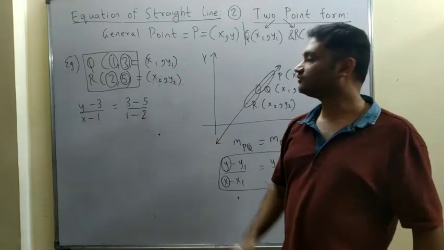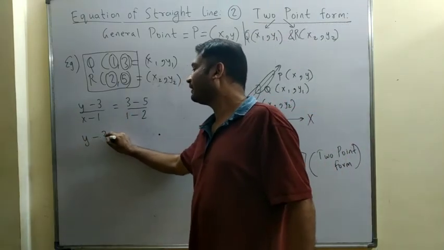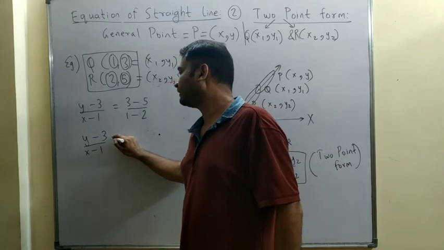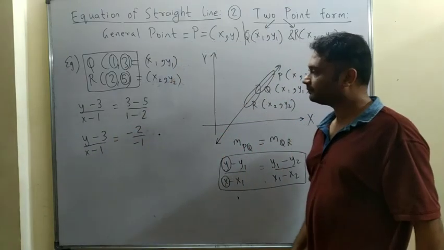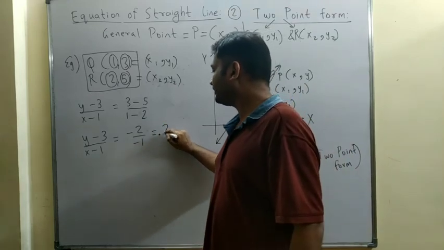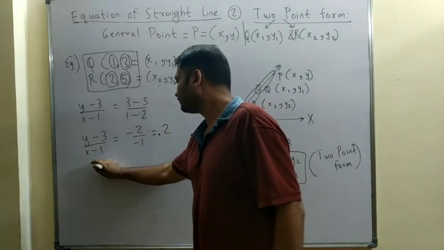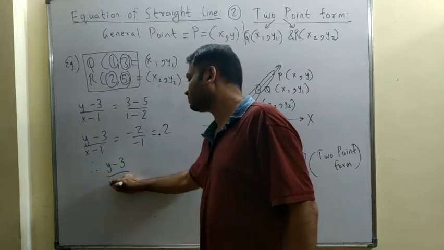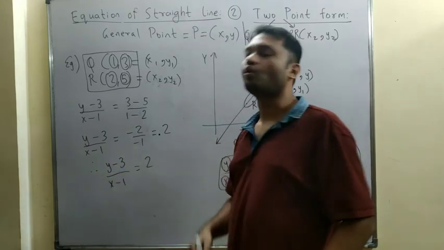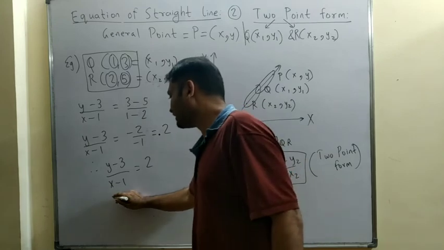So our equation of straight line is y minus 3 upon x minus 1 equals minus 2 upon minus 1. Minus 2 upon minus 1 is 2. So we can say y minus 3 upon x minus 1 is equal to 2. This is the equation of the straight line.